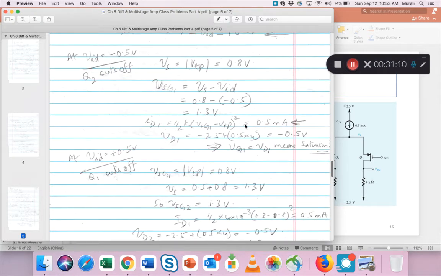And the drain current at that time is 0.5, so all the 0.5 goes into one of them, which is not a surprise. And the voltage is minus 0.5 at this VD1 here.